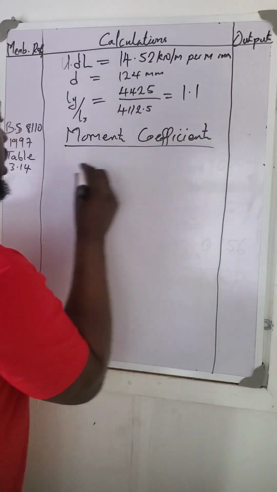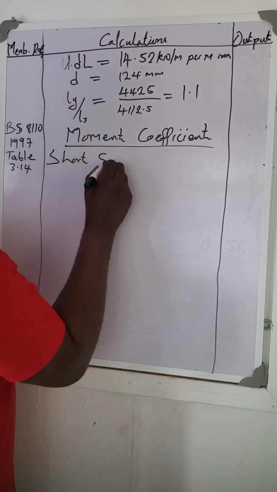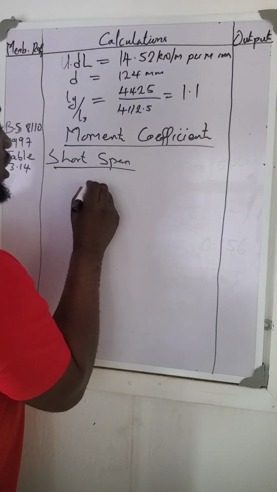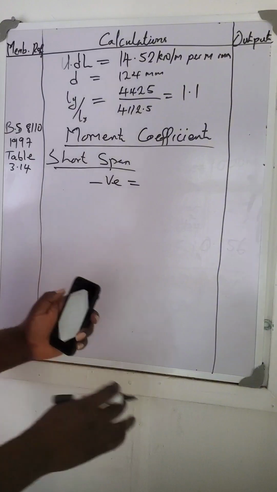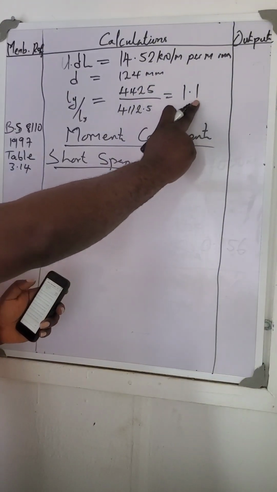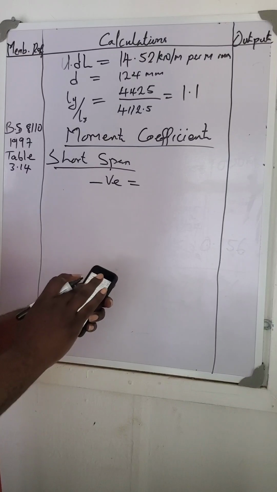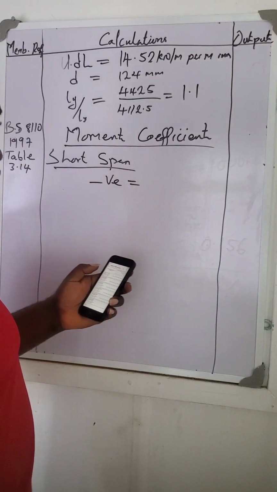All right. Now for short span, the negative moment coefficient will be from this table. We're able to get the ratio to be 1.1. You go to the table where we have 1.1, you trace it down to two adjacent edges discontinuous.